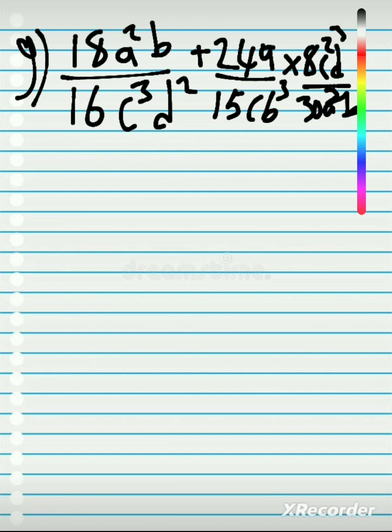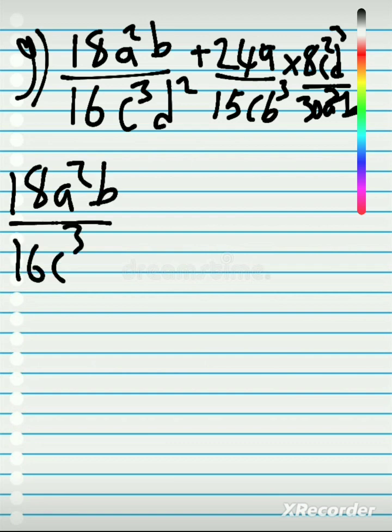Okay, so this is going to be a spectator, so we'll just copy it down. 18a power 2b over 16c power 3 d power 2 plus, so this side now multiplication, since we're starting with this, so let me just write it again.